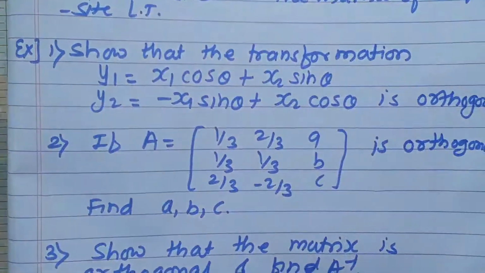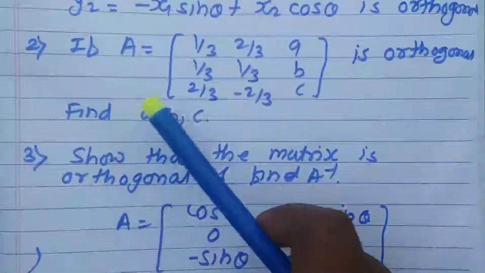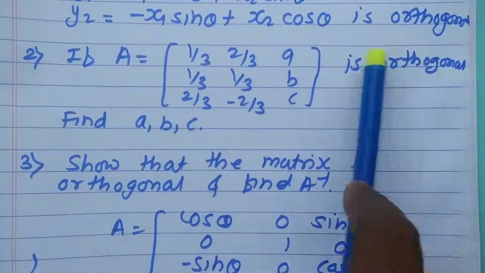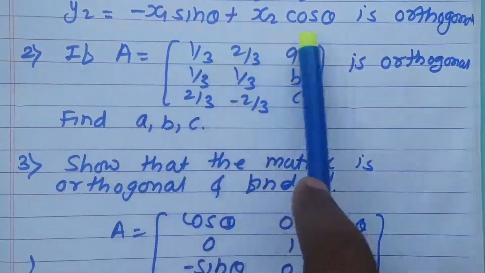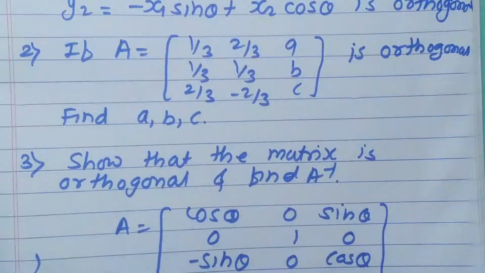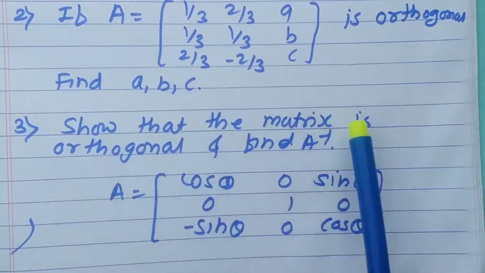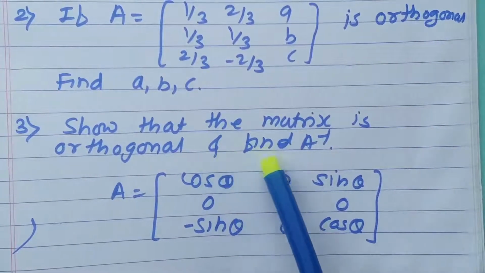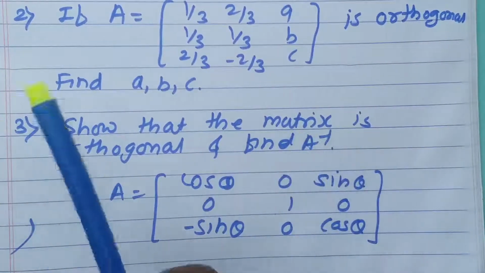There are a few more examples I have written. If A equal to this matrix is orthogonal, find a, b, c. By using the condition of orthogonality, we are going to find the values of a, b, c. Next, show that this matrix is orthogonal and find its inverse. How do we obtain A inverse?